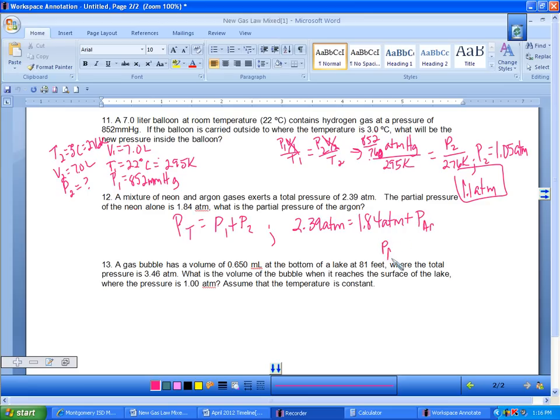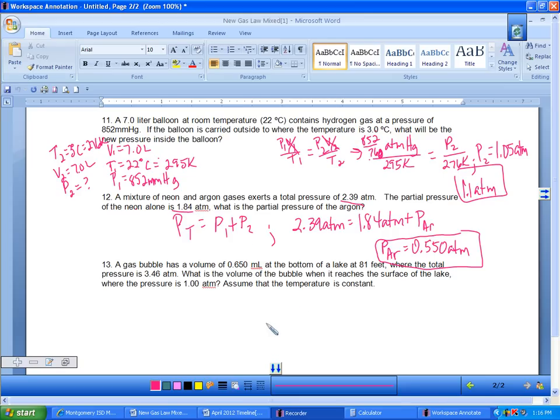So just do the math. Subtract 2.39 minus 1.84. And when I did that, I got 0.550 atmospheres for argon. And I wanted 3 significant digits because I had 3 here, 3 here.